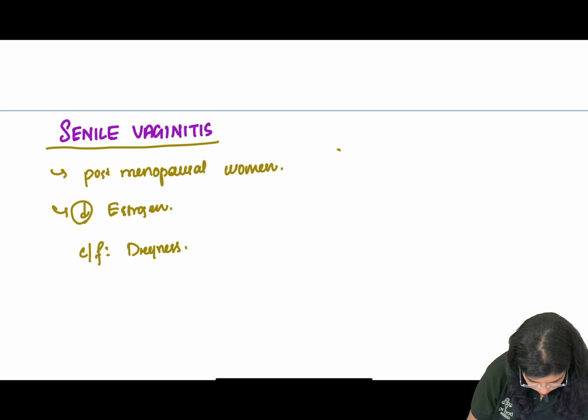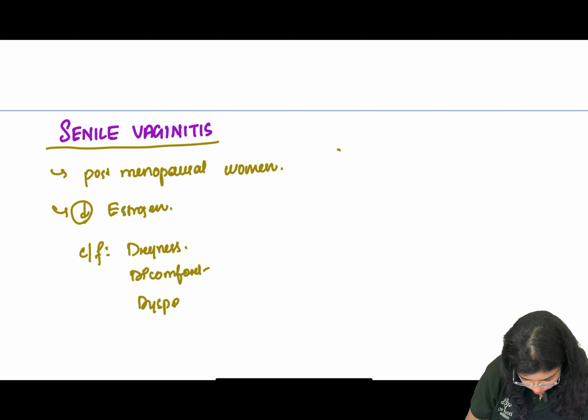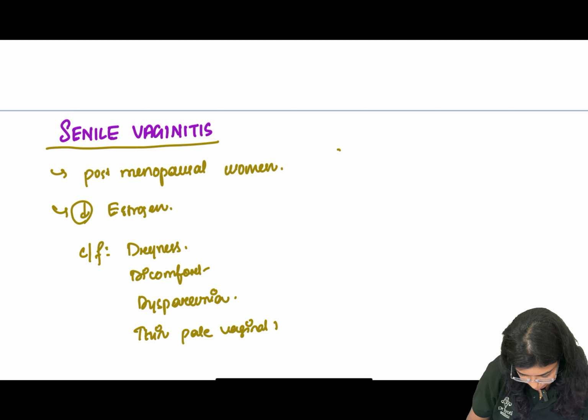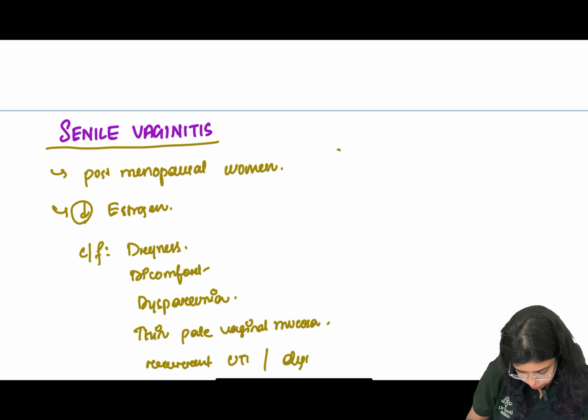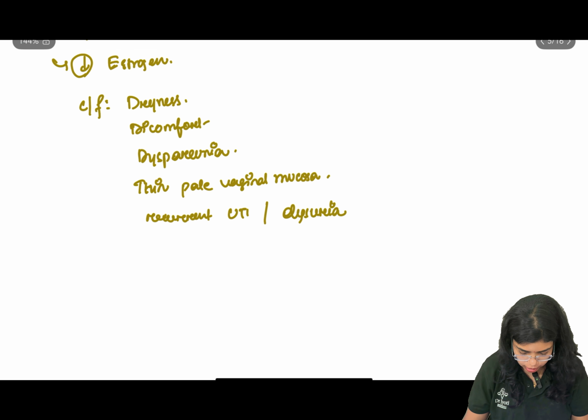Dryness and discomfort, dyspareunia, thin pale vaginal mucosa, and recurrent UTI or dysuria. Okay, so these are the clinical features.